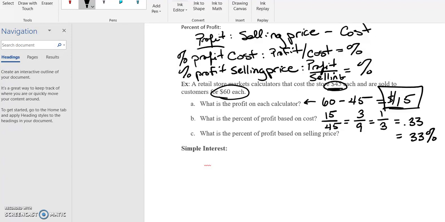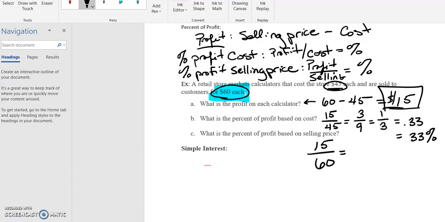Well, what's my profit based on the selling price? Again, that's a different one. My selling price is 60, right? So I want the percent profit based on selling price. That's my profit divided by my selling price. Selling price is 60.